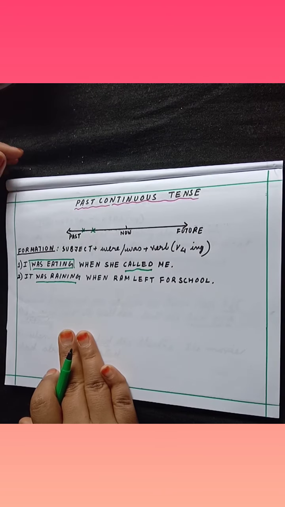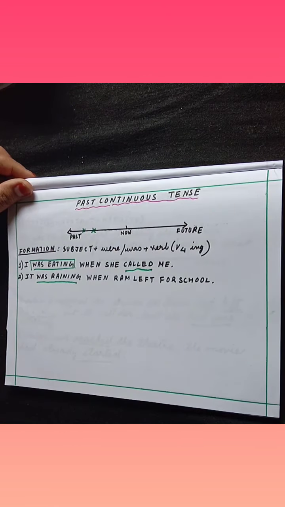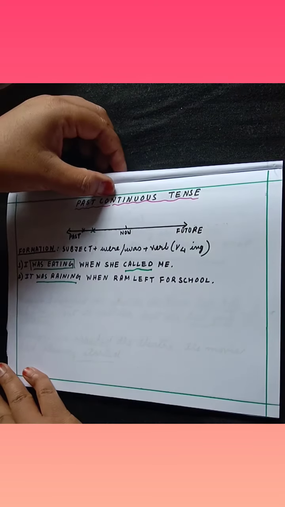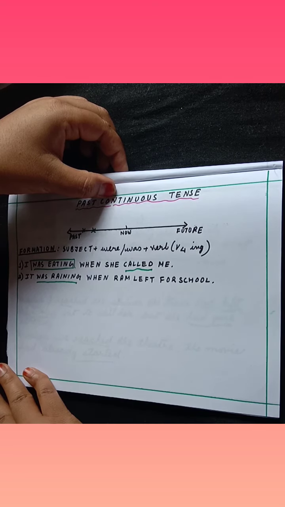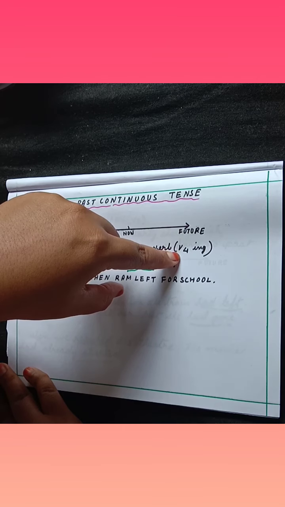The second aspect of past tense is past continuous tense. In the previous class, when we discussed the present continuous tense, we understood that whenever we see the word continuous, we will be using the fourth form of the verb, the ing form.